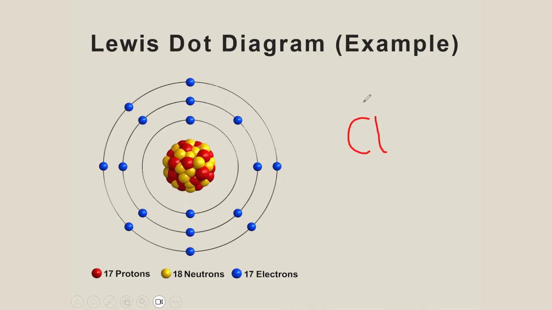We will draw them first as unpaired electrons on the 4 sides, one on every side. We still have 3 more electrons because we have 7 valence electrons. So we will start pairing electrons. And this is the Lewis dot structure of chlorine. This structure will tell us that we have one unpaired electron in this atom.